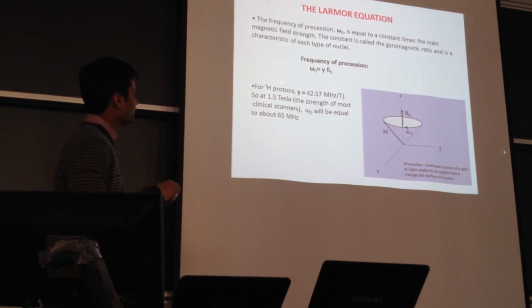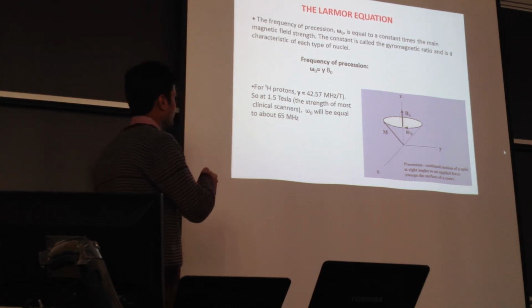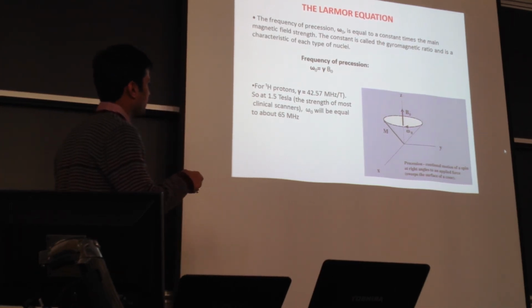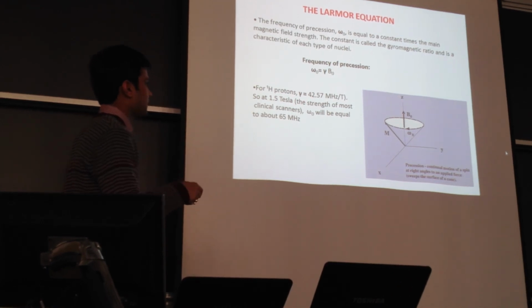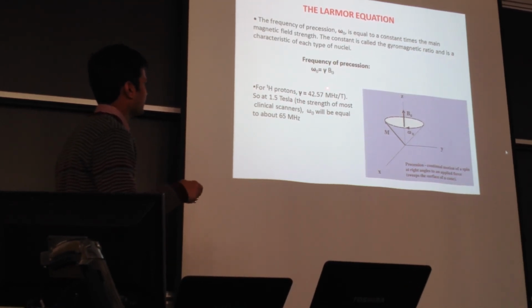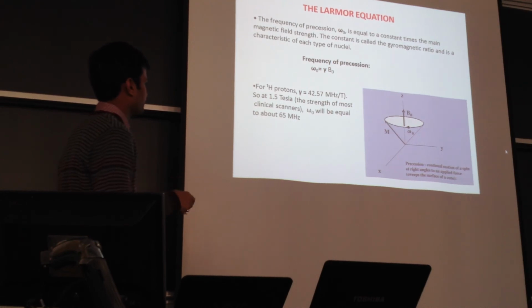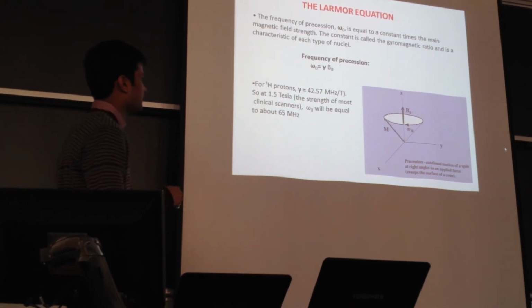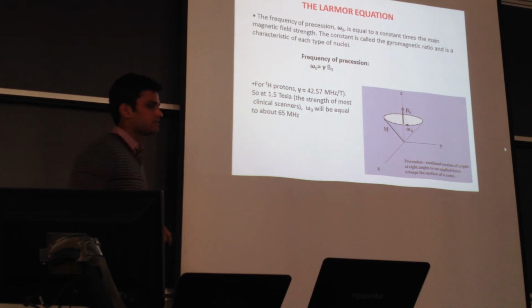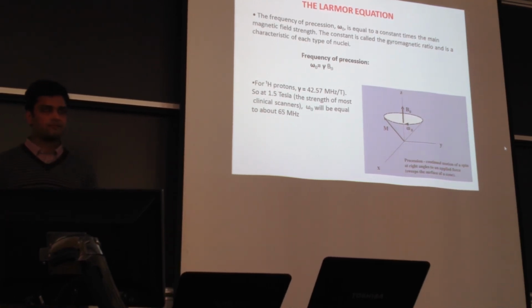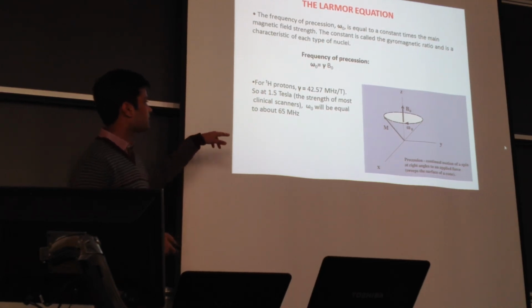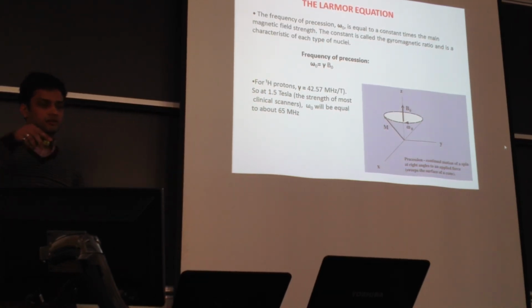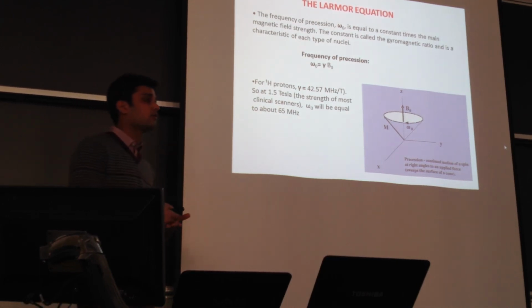So we can just put this value as B0, and the value of gamma as 42.57 megahertz per Tesla, and eventually you can get the value of the frequency of precession, which comes around 65 megahertz. So what it means is when we subject an electromagnetic radiation at a frequency of 65 megahertz, the protons which are in the field will undergo resonance.